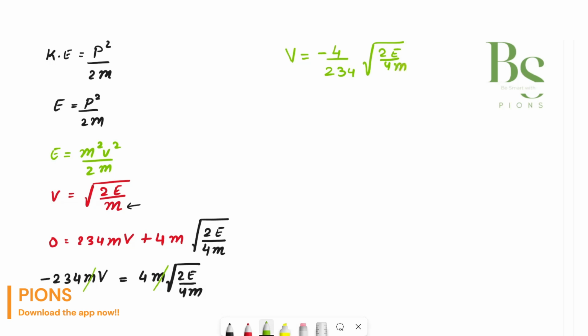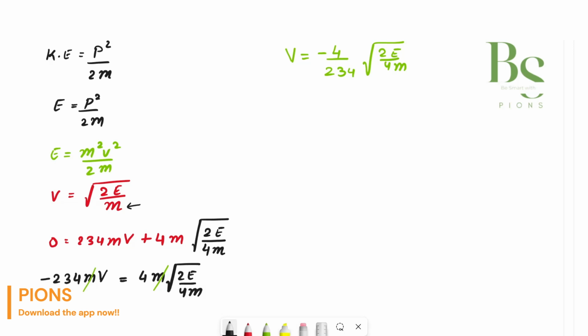I hope this is clear. We can take out the m by rationalizing inside, or we can keep it like this also. So 4 upon 234, and root under, cancel this 4 with this, this 2 with this 4. Or otherwise we can take that 4 inside and cancel it out. Okay, leave it.